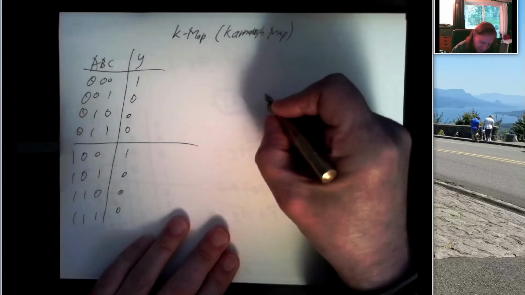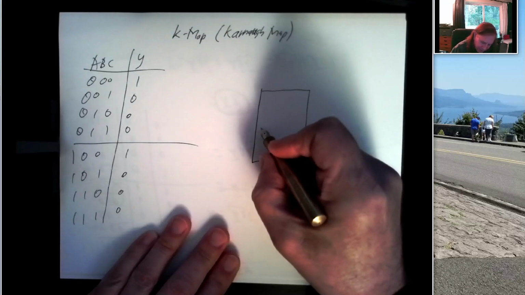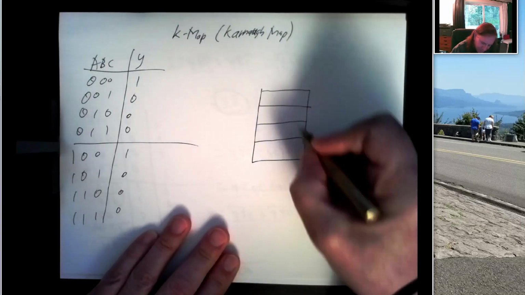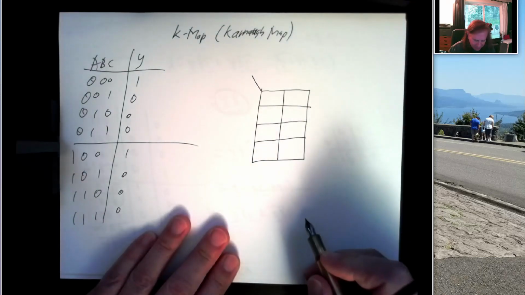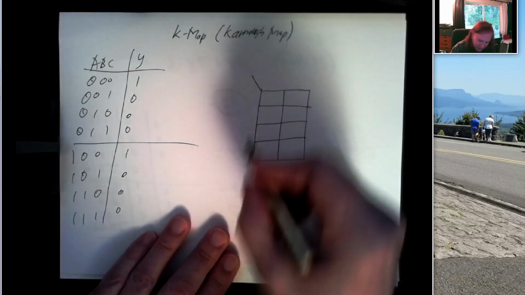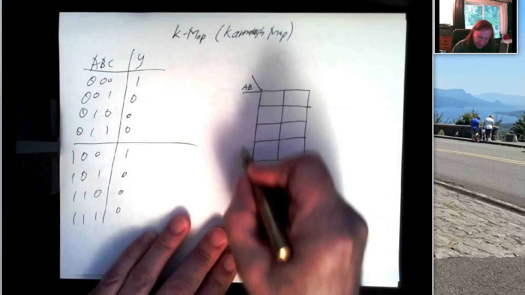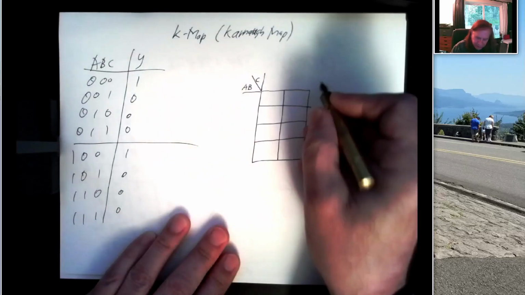For something with 8 rows, we're going to draw either a 2x4 or a 4x2 rectangle. Doesn't matter which way we go. So I'll do a 4x2. I'm going to have 2 variables coming along here, so I might pick A and B to go along the vertical, and I might pick C to go along the horizontal.